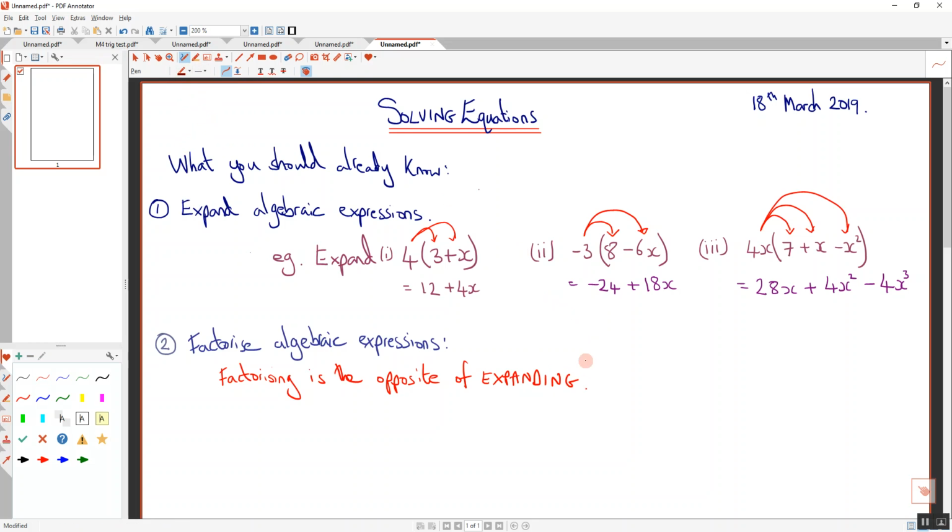So putting back into brackets. So for example, factorize 3x plus 6. I'll give you a couple of these to do.